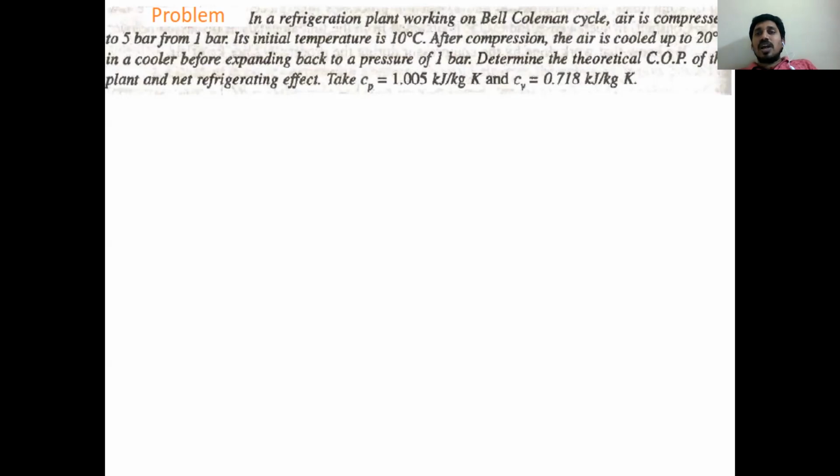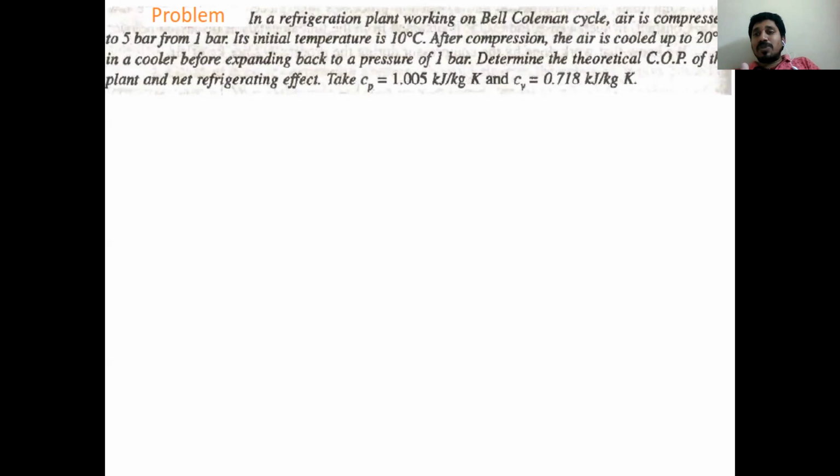After compression, the air is cooled up to 20 degrees Celsius. After compression, the air moves to the heat exchanger where it is cooled. So after the heat exchanger, the temperature is 20 degrees Celsius. Cooled means after the heat exchanger you have to take it. Don't take it at the end of compression.